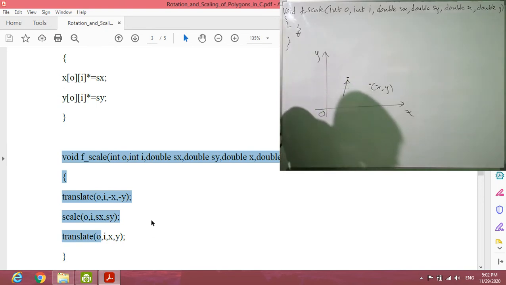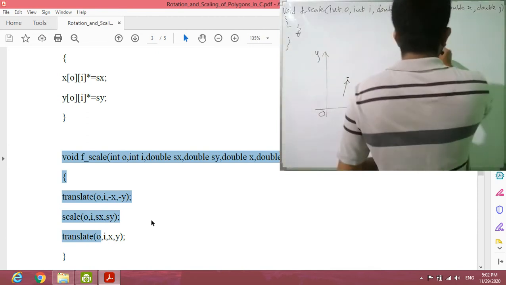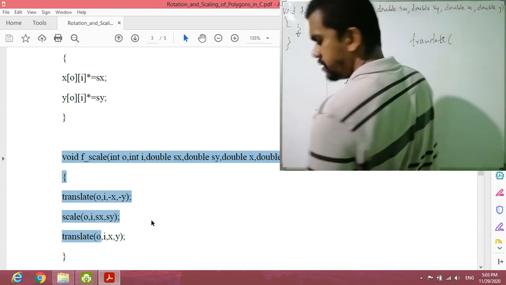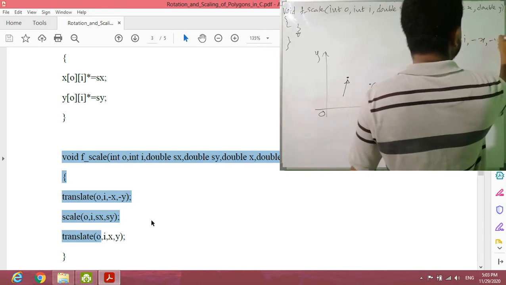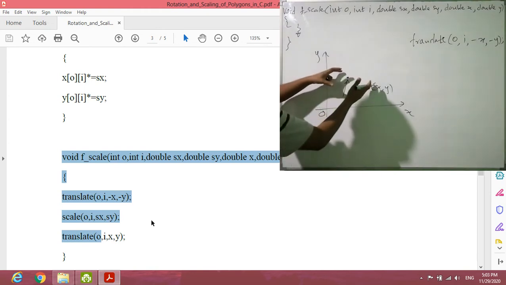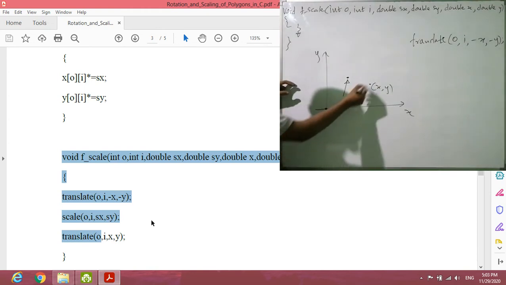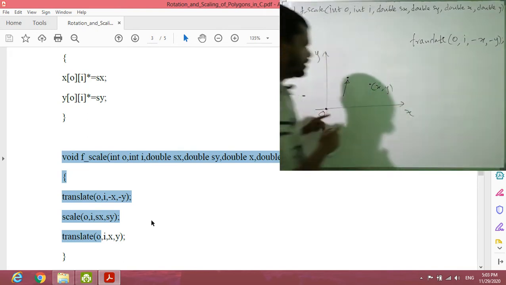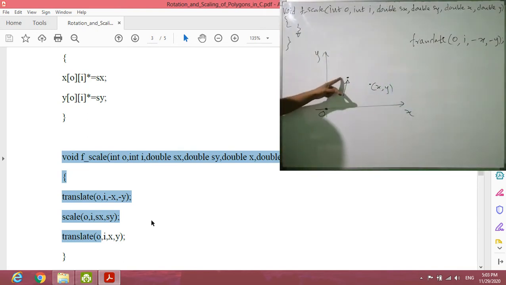As in rotation, first you have to translate by o, i, minus x, minus y. So we translate this to here, and definitely this will come to the origin, and this will move to somewhere here.